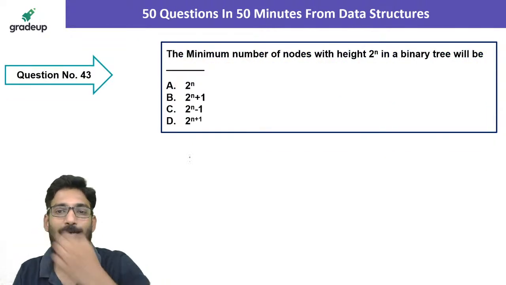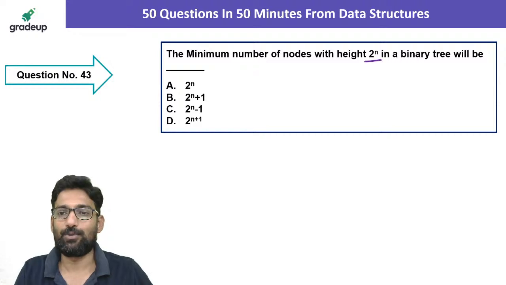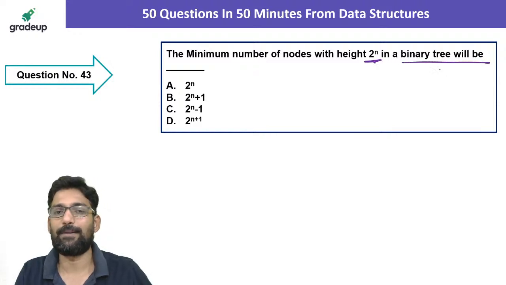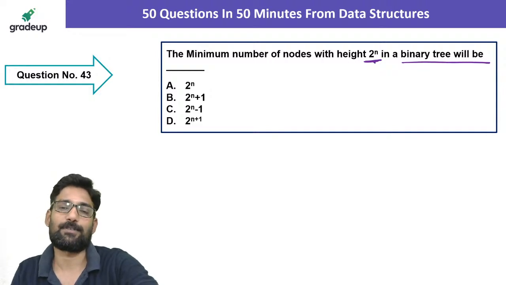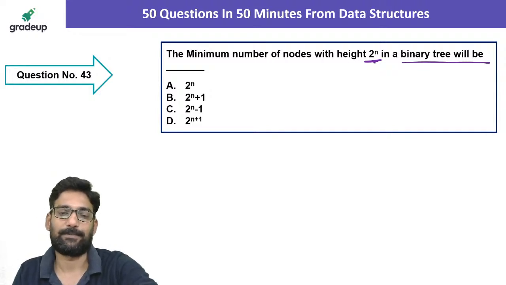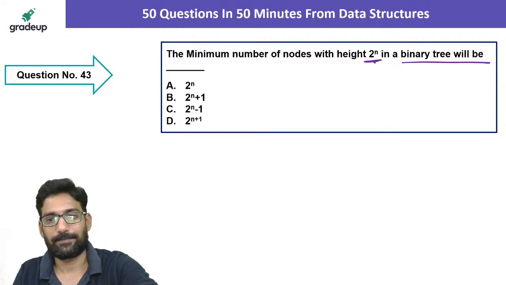The minimum number of nodes with height 2 raised to n in a binary tree will be? What is your answer for the question? Question number 43.